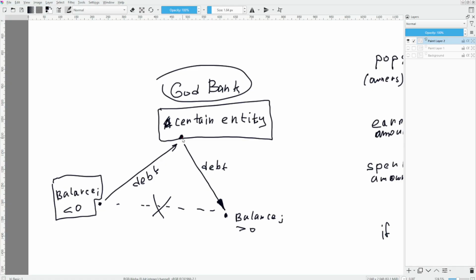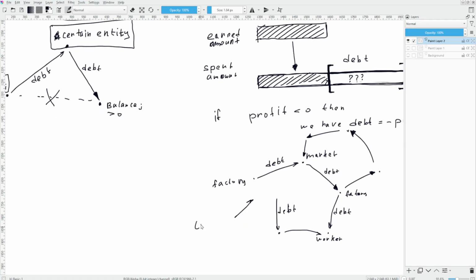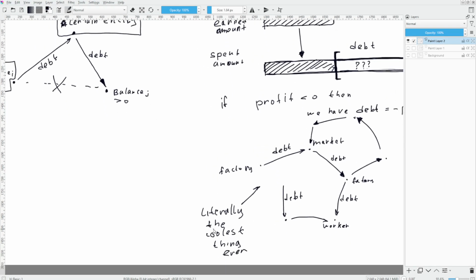If we have a positive amount of money, it means that the God bank is indebted to us. And this allows us to track all debts without any graphs of relationships or being in debt. It's actually a cool thing.